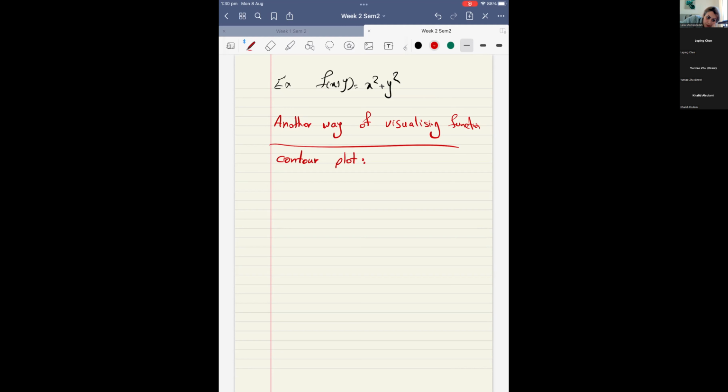For example, f of x and y equals xy, the easiest one that I show you. If I plot this one here, because I cannot show you this one on my tablet, I just plot it for you.